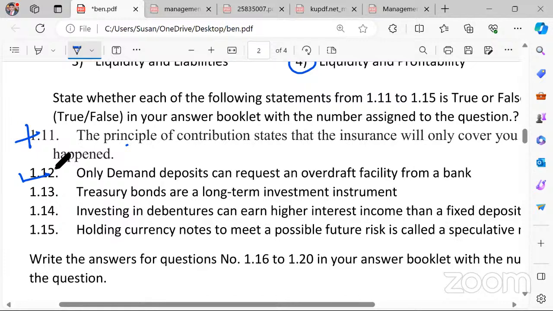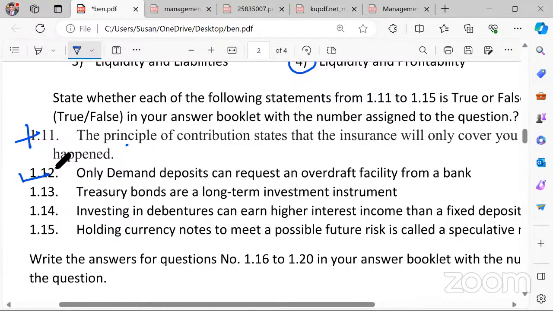Overdraft facility means current account holders, if the bank has approved that overdraft facility, can maintain negative balances in their accounts. Why negative balance? Negative balance means the bank is encashing some checks even though there are not sufficient funds. Why? Because of the trustworthiness between the customer and the bank.